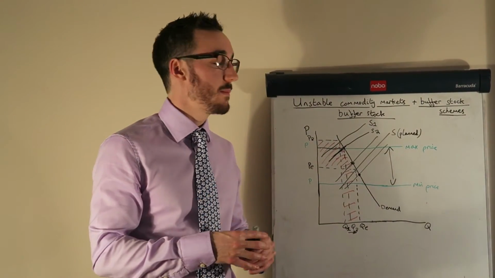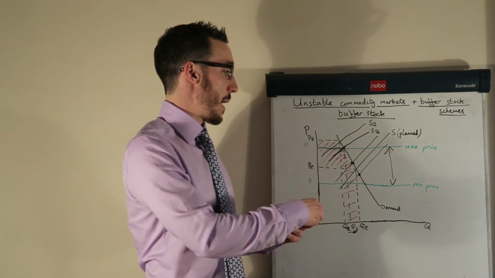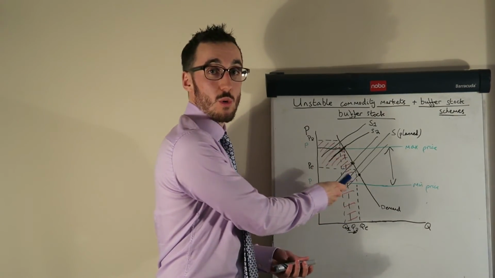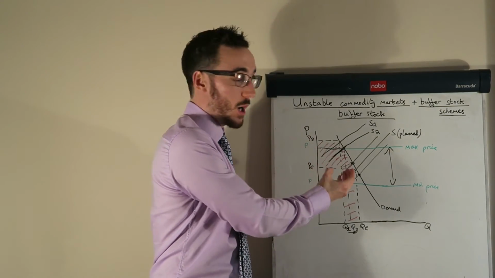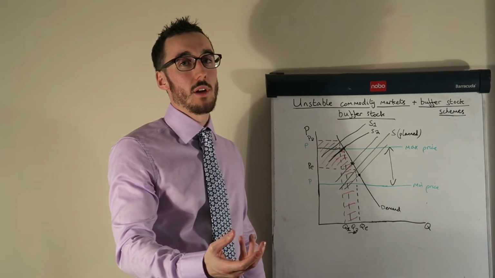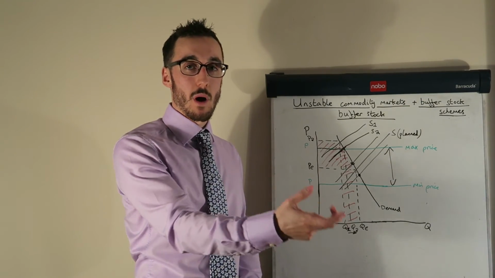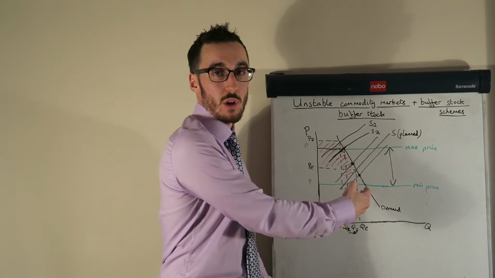At the same time, if there is a series of really good harvests that push the price too low, the government has agreed they will buy up the stock. Therefore, we can ask the question, how much stock are you going to buy as a government if we keep having too much stock in the market?